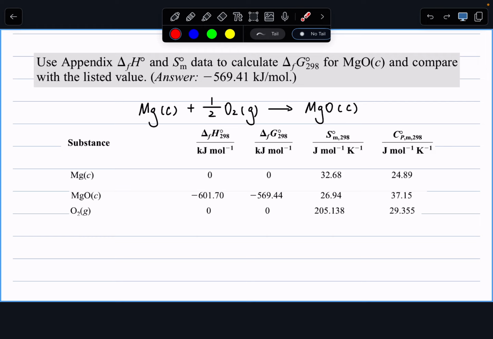So for the product, we have 26.94, and then minus my reactant, magnesium condensed, that's 32.68, and minus 1/2 times oxygen, that's 205.138.